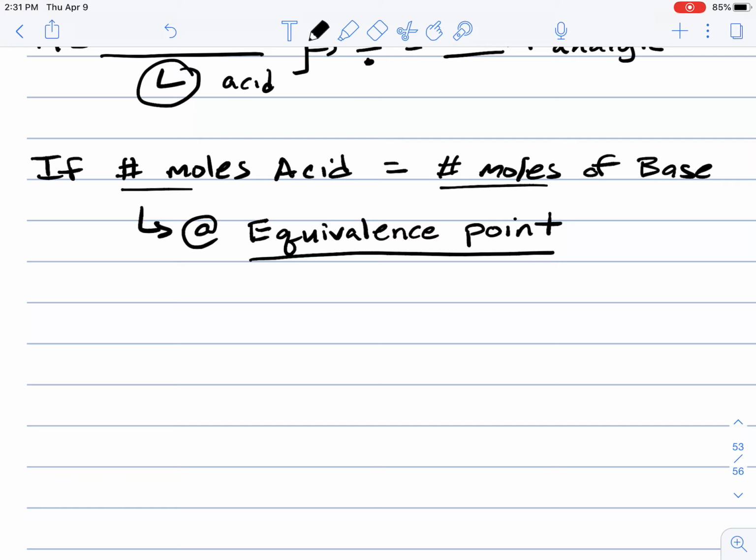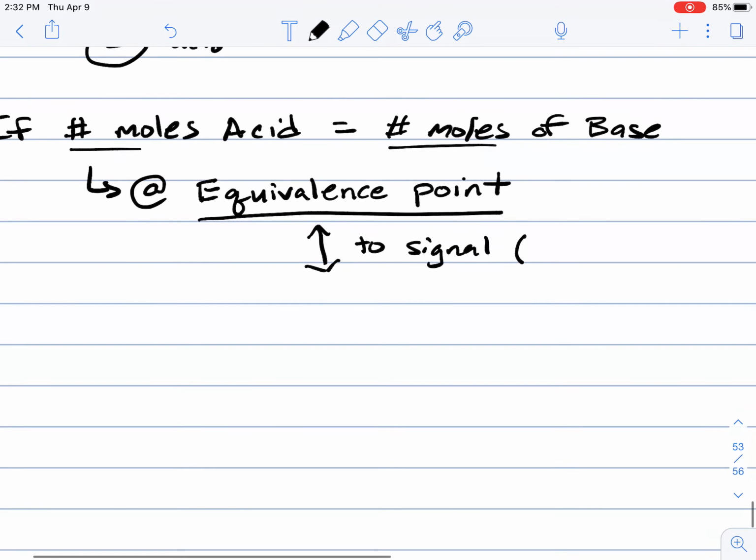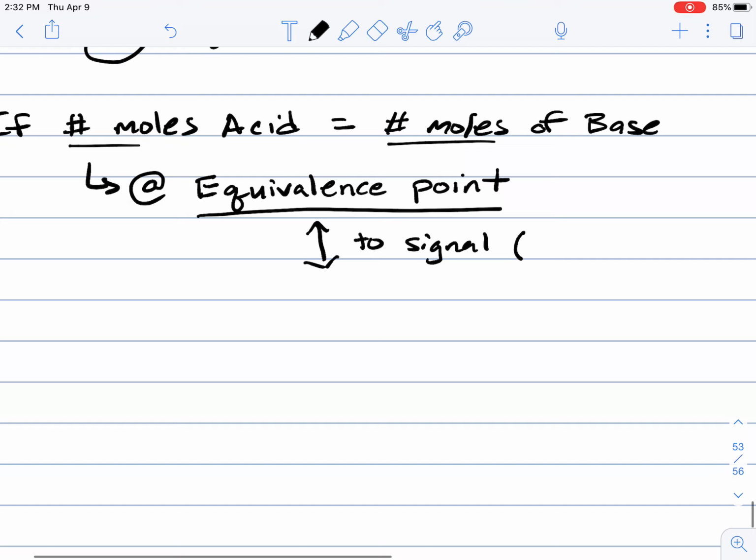And so at your equivalence point, typically if you are in lab, when you're mixing an acid and a base, it's colorless. And so to signal that you've reached the equivalence point, you're going to utilize a chromatic compound. For example, you're going to use phenolphthalein.